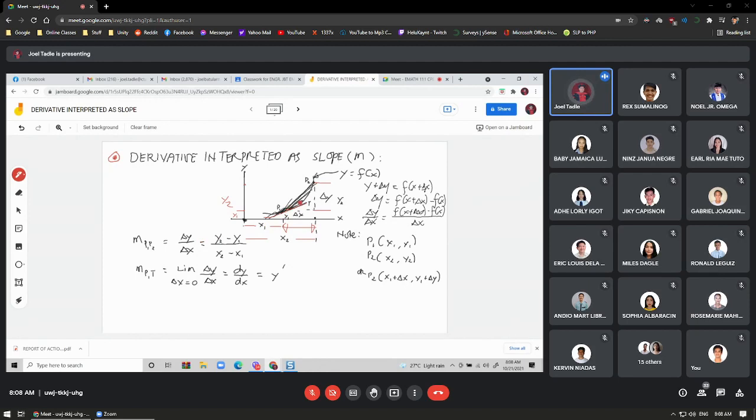Then, if we are going to get the limit of this line, gikan diri sa original line joining point 1, point 2, hantod maabot ta aning point P1 where the line now is tangent to the curve at this point, mao na siya ang atong gitawag og limit. The limit of the slope, which is equal to the first derivative.